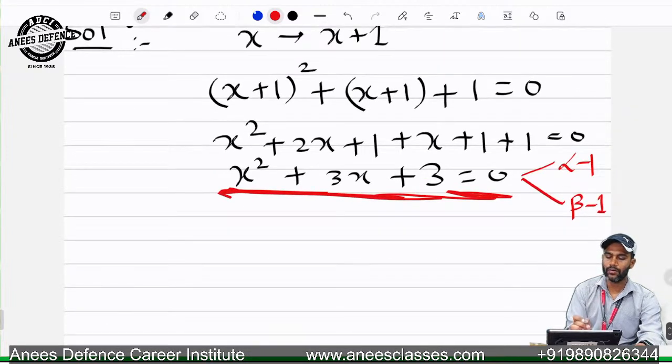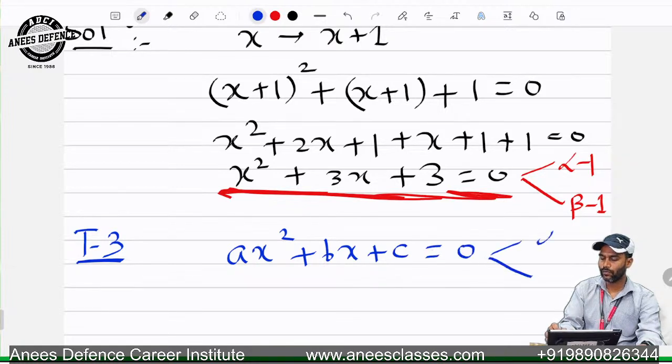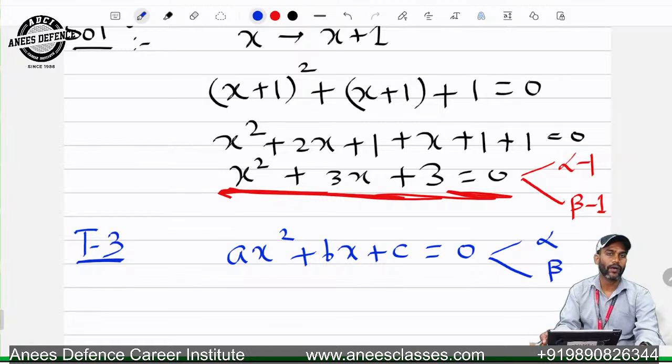Very good. Now, next one. Transformation number 3. Again, suppose we have equation ax square plus bx plus c is equal to 0, and we have roots alpha and beta.